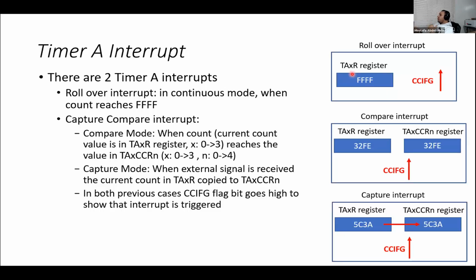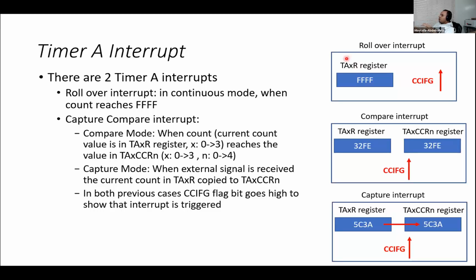Before we continue, here we get to know two other registers, although again we will not dig deep into these registers. A register called TAxR is basically like the VAL register of SysTick, if you remember it. Usually you can read the current count of the counter.